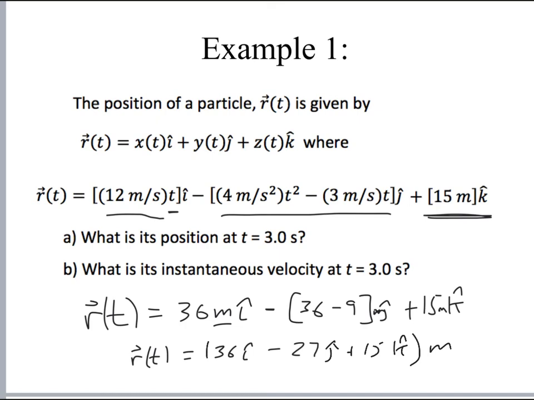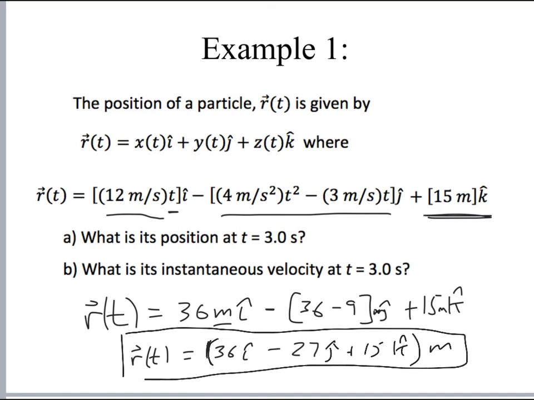And so that would be my answer for r of t at t equal to 3 seconds. And of course, at some other time, I would just plug in whatever time I wanted, and that would be my answer. So actually, I probably should have written this as r of 3 instead of r of t, but that's what it is.